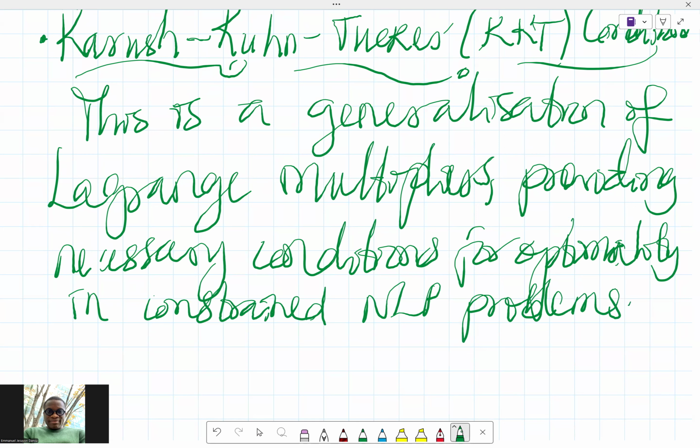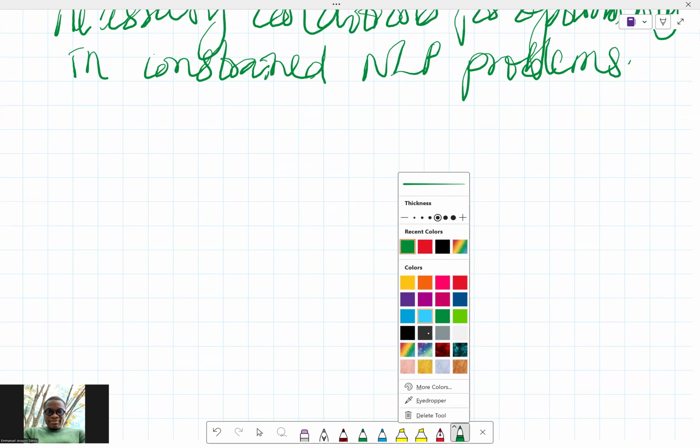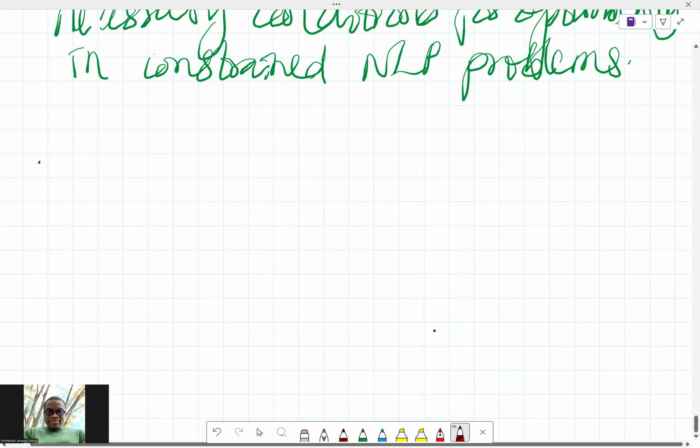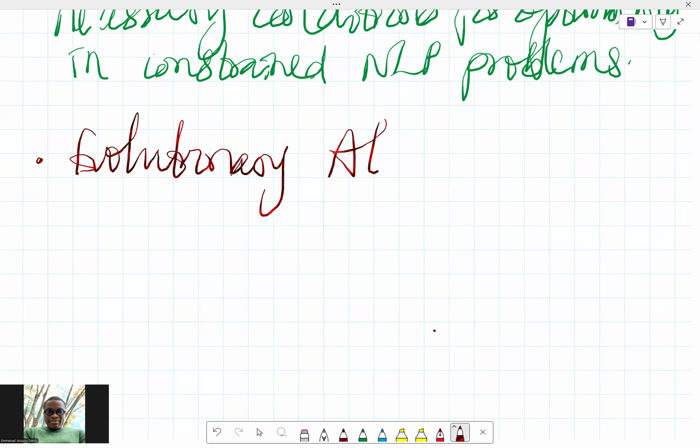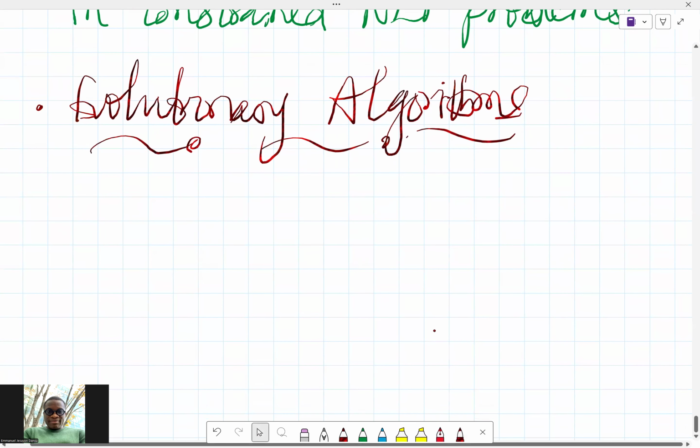Then finally we have evolutionary algorithms.